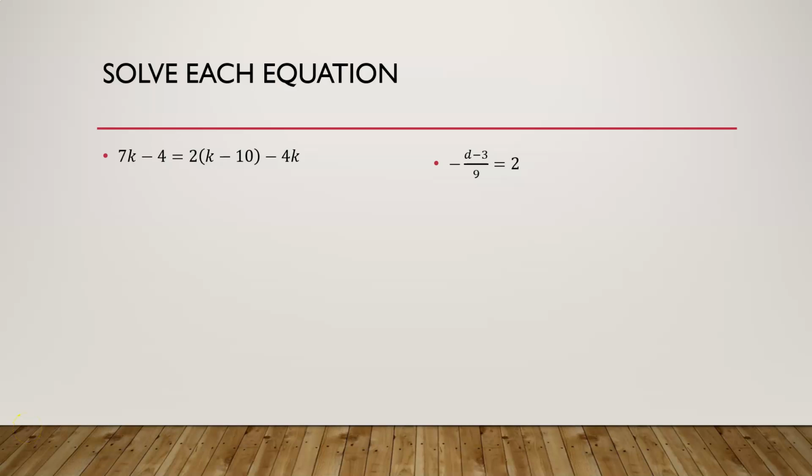Okay, this is part 2 for sections 1.2 and 1.3. We're going to start right here on this problem on the back of the first sheet of your notes. This is negative d minus 3 divided by 9 equals 2. Let me rewrite that.